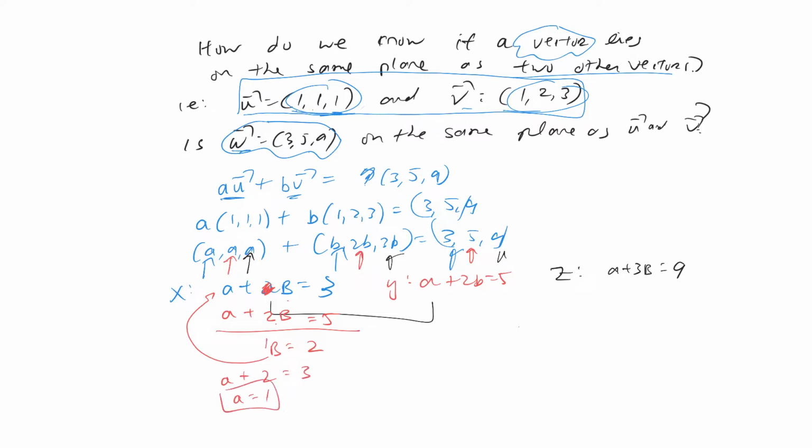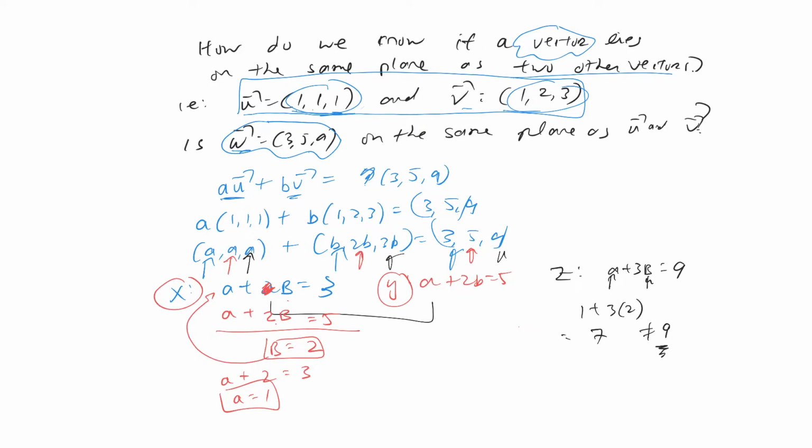So now we got the values for a and b, but we only got these 2 values from these 2 equations, the x equation and the y equation. We need to check whether it actually works for the z equation. So we're going to check. Let's sub in a for 1 and b for 2. A is 1 plus 3 times 2, and that gives us 7. Unfortunately, 7 is not equal to 9. And what that means is 3, 5, 9 does not fit.